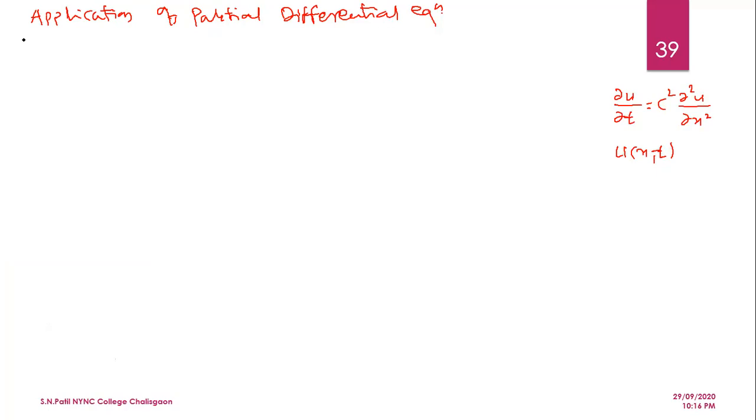First we write the Fourier transform formula for u. Definition of Fourier transform: here we use the infinite Fourier transform. It means x lies between minus infinity and plus infinity.